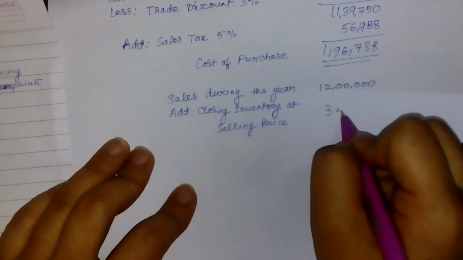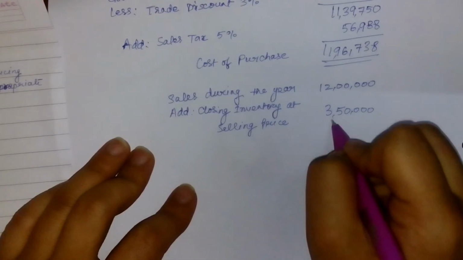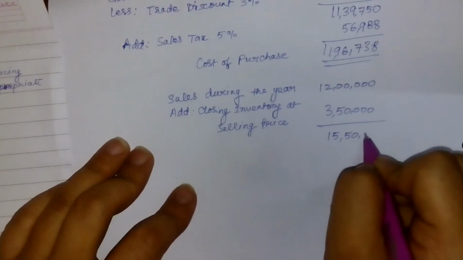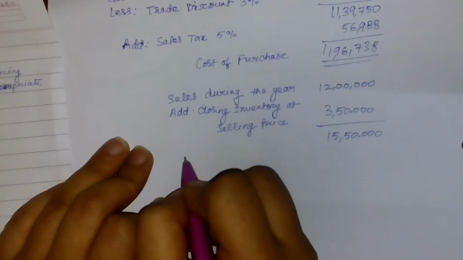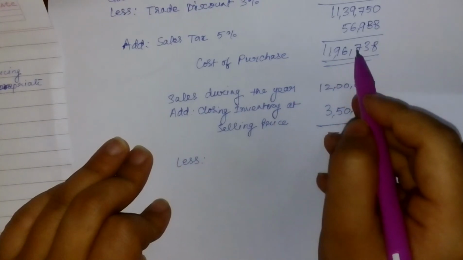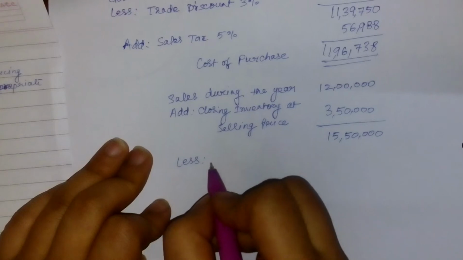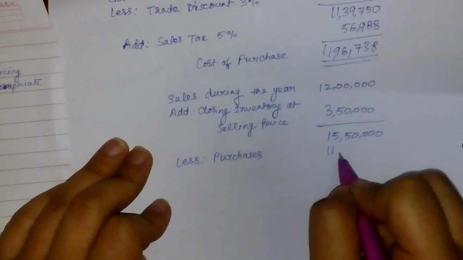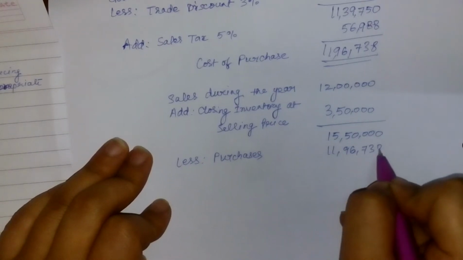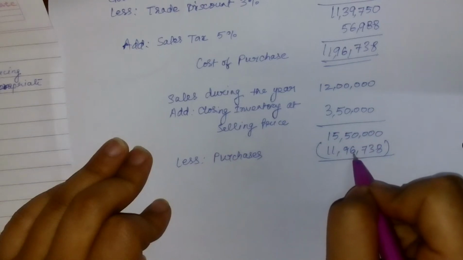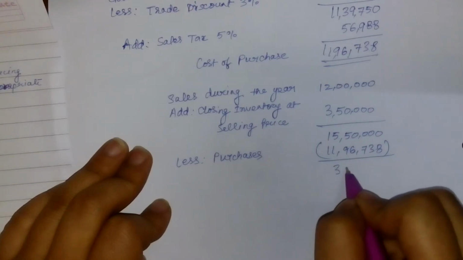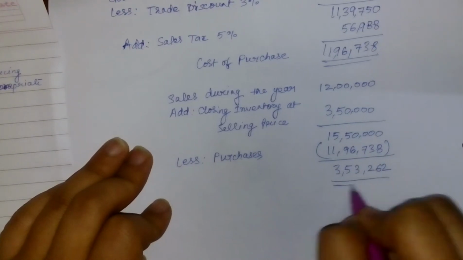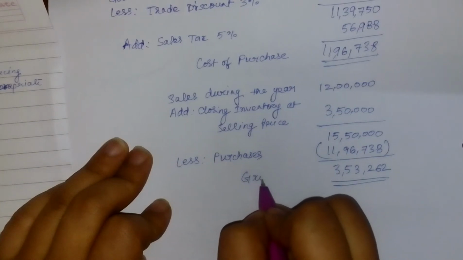So it was 3,50,000. So that is total 15,50,000. We'll less purchases from this. Purchases were 11,96,738. This minus this is 3,53,262. This is my gross profit.